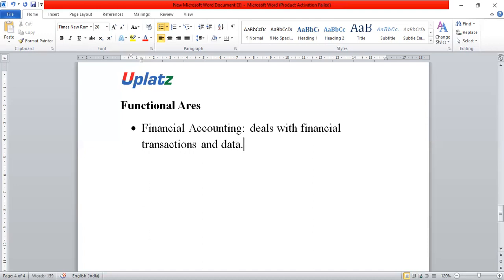So this financial accounting function will deal with financial transactions. All the financial transactions within the company are the responsibility of this functional area, financial accounting.